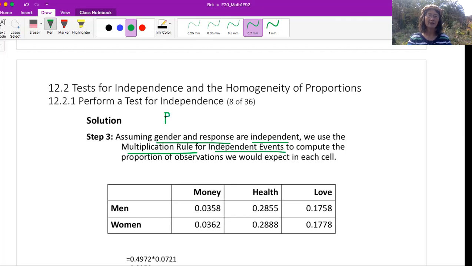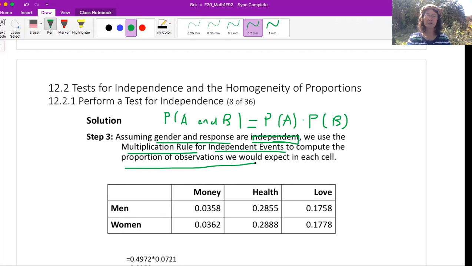Remember the rule says, if A and B are independent, the probability of A and B equals the probability of A times the probability of B. So we can calculate the proportion of observations we would expect in each cell.